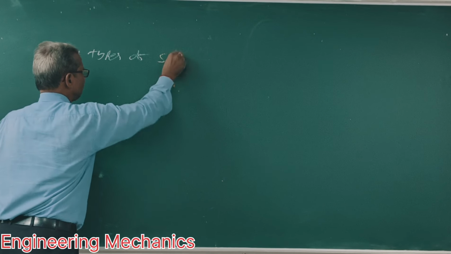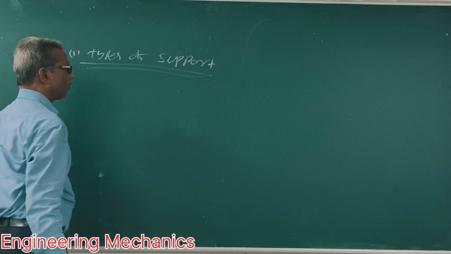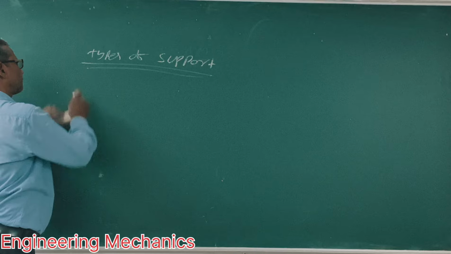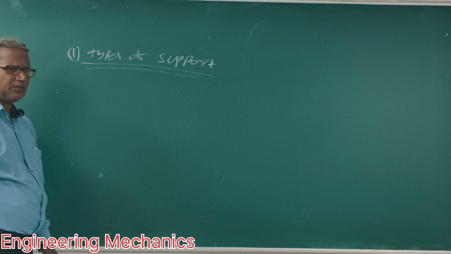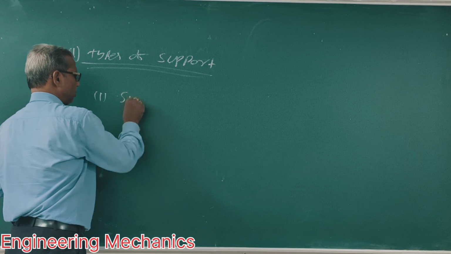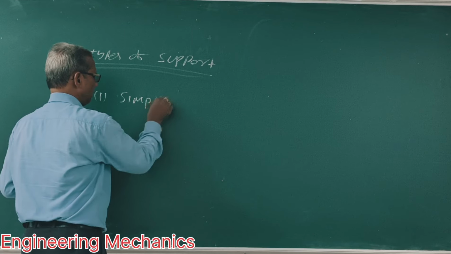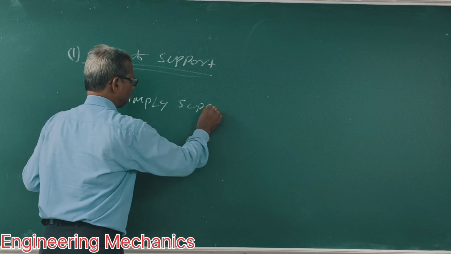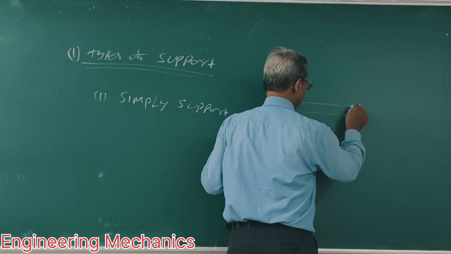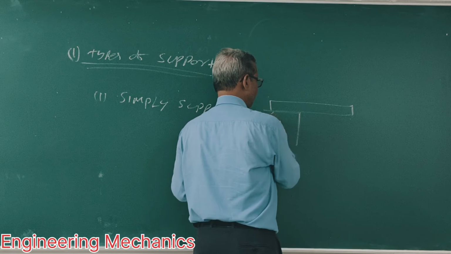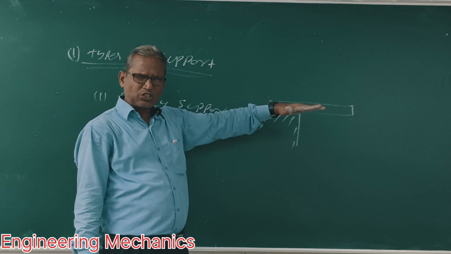Types of support. There are mainly 4 types. Number 1, simple support beam. This is a simple support beam. The beam simply rests on the support.